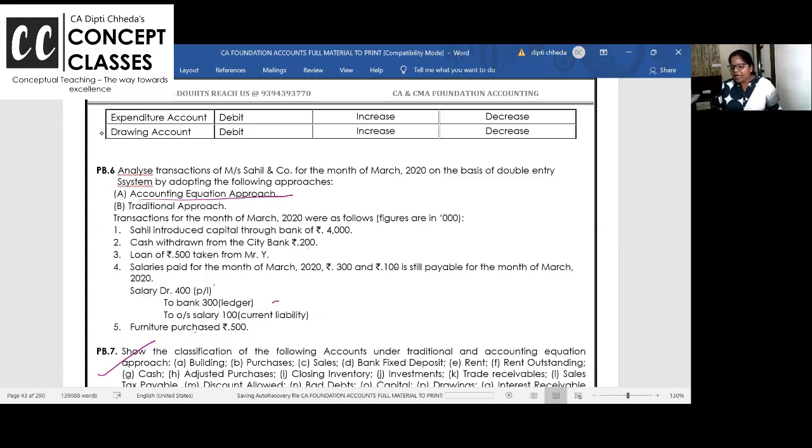In assets, you can have one column or you can have multiple columns. Sixth problem only we are doing. Sahil introduced the capital jo kal kiya tha.